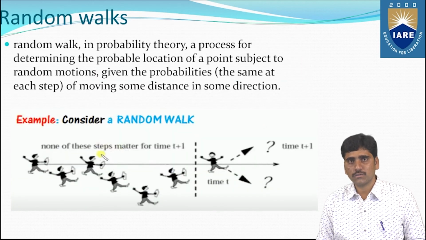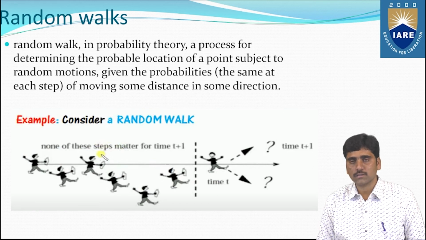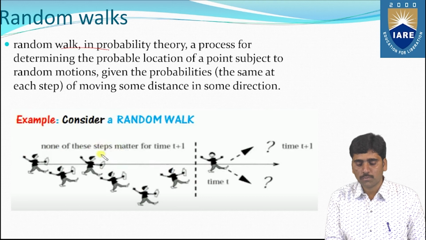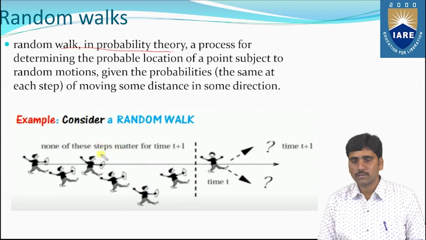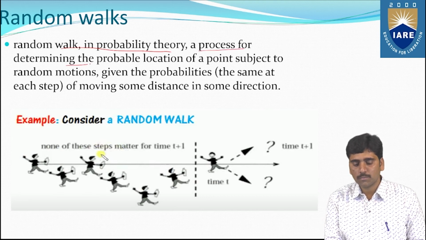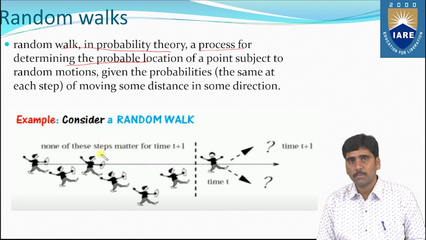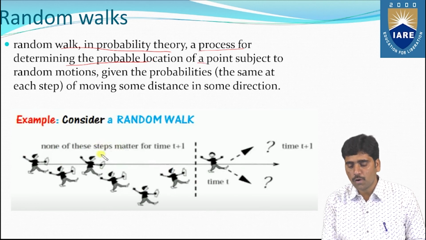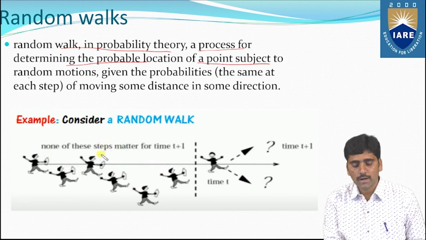And the next one is random walks. Random walks are, in probability theory, a process for determining the probable location of a point subject to random motions.